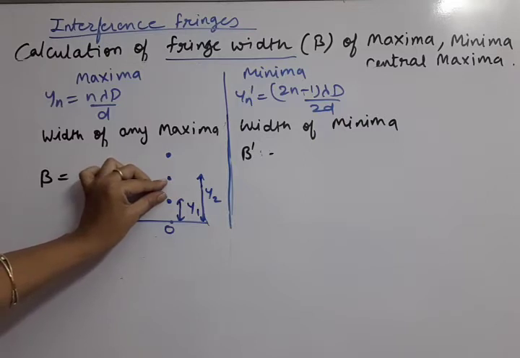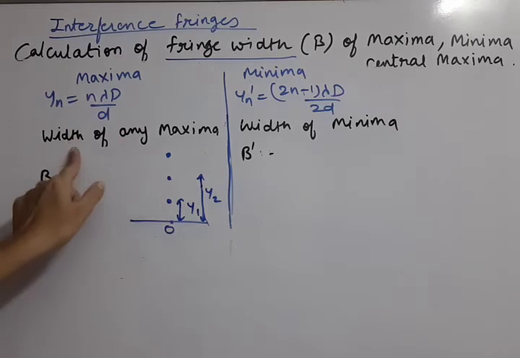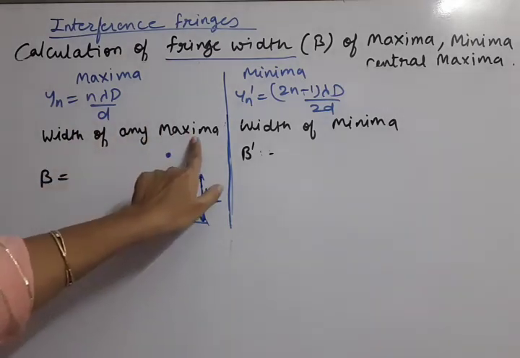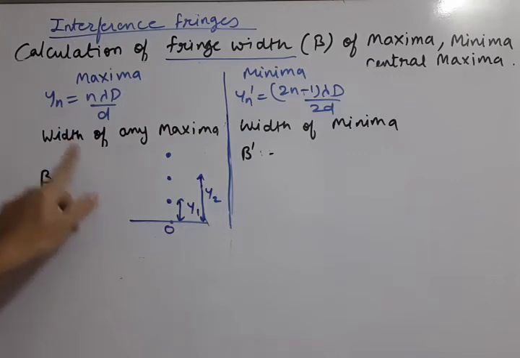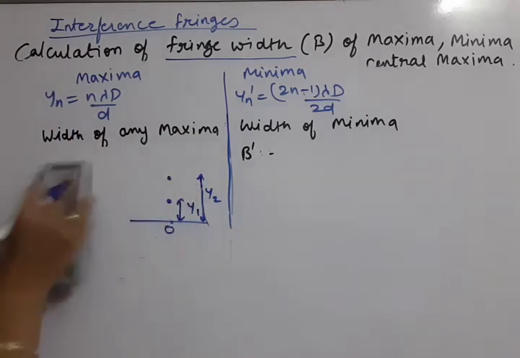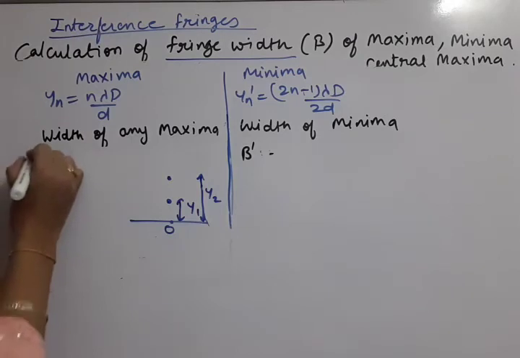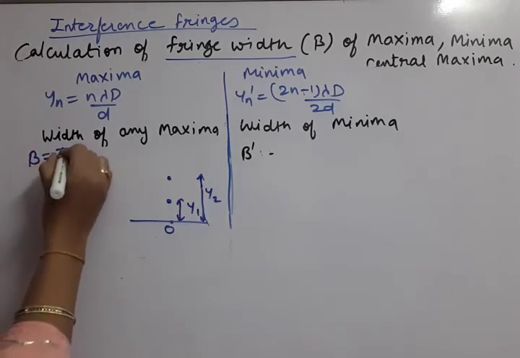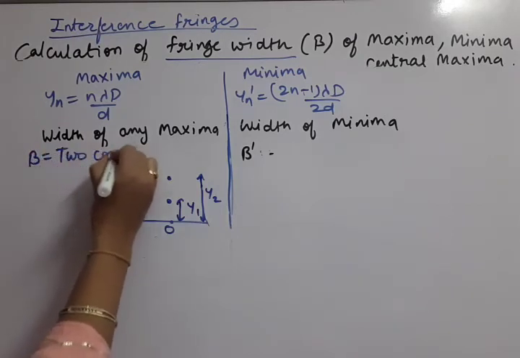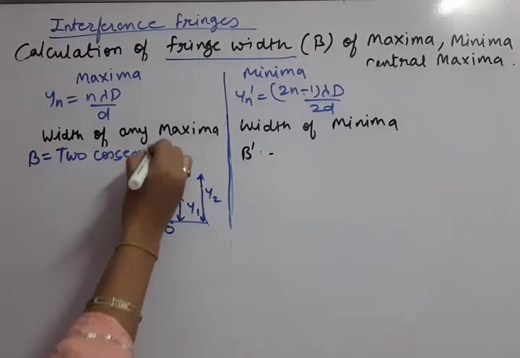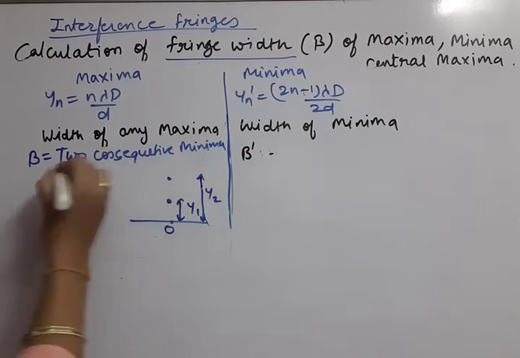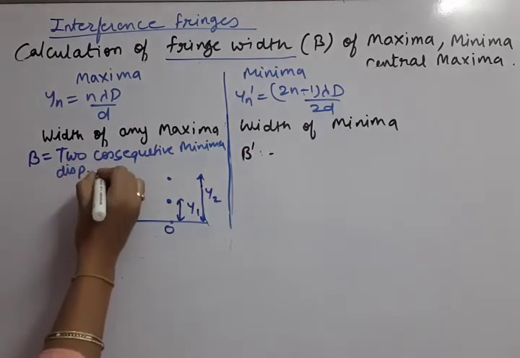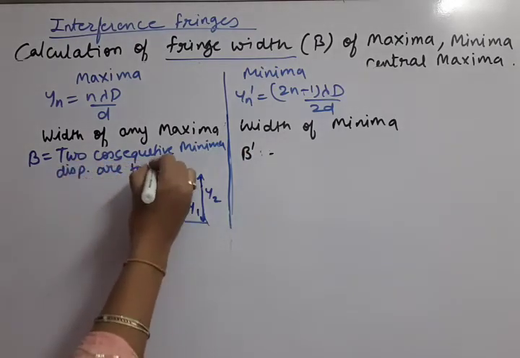So the idea is, if the width of maxima we require, we have to subtract two consecutive minima's displacements. Two consecutive minima displacements are to be subtracted.